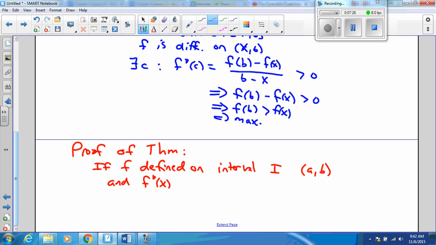And f prime of x is positive for x less than c, and f prime of x is negative for x greater than c.